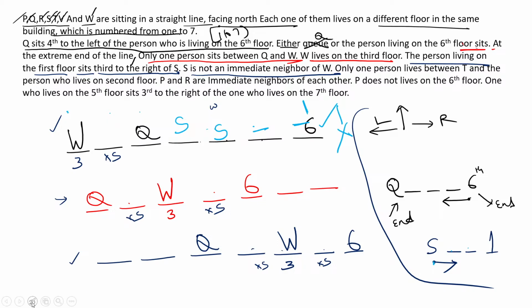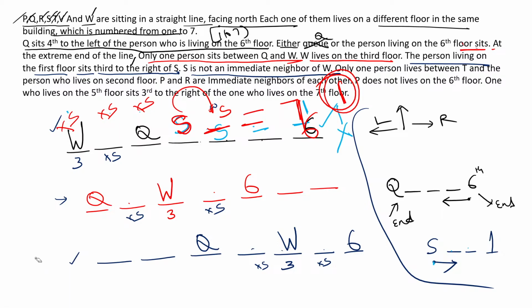So that possibility is wrong. I am repeating once again: if you place S here, after 2 gaps you have to get 1, but 6 is already there, which is not possible. If you take S afterwards, there is no gap for placing 1. That's why that entire possibility is wrong, because we do not have enough space. So I am going to eliminate this entire possibility.